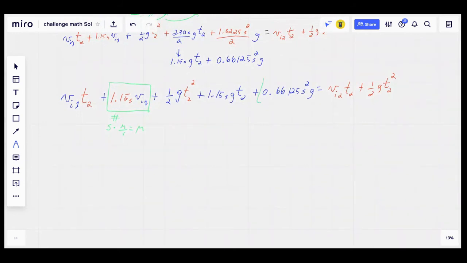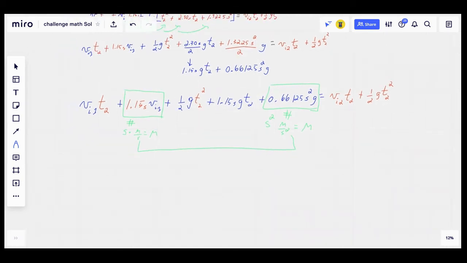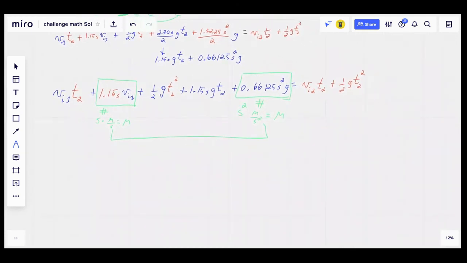This over here is also a number, and the units we get from this one are going to be seconds squared times the units for gravity, which are meters per second squared, which is going to end up being meters. Okay, so these two things, as far as collecting like terms, those can end up being on the same side of the equal sign.